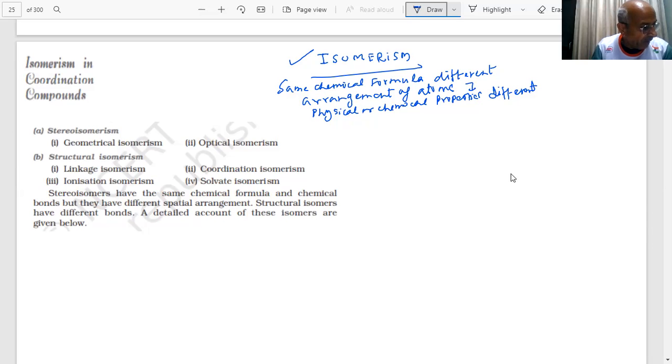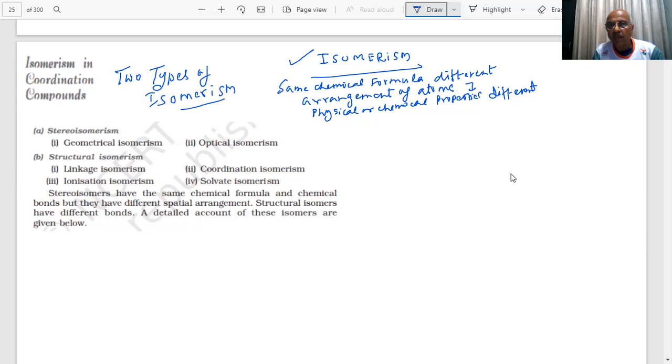Important: there are two types of isomerism which we will study in this. What are those two types?